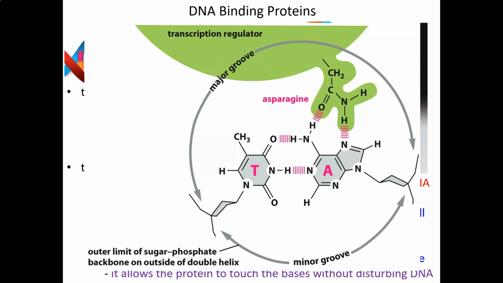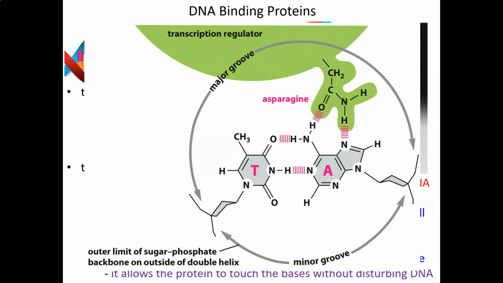So what we're looking at here is a very small piece of a transcriptional regulatory protein, a DNA binding protein in green, and it's reaching into a specific DNA base. This is a TA base pair, and it's reaching in through the major groove. And one amino acid of this transcriptional regulator is making non-covalent contacts, or non-covalent bonds, with the adenine base.